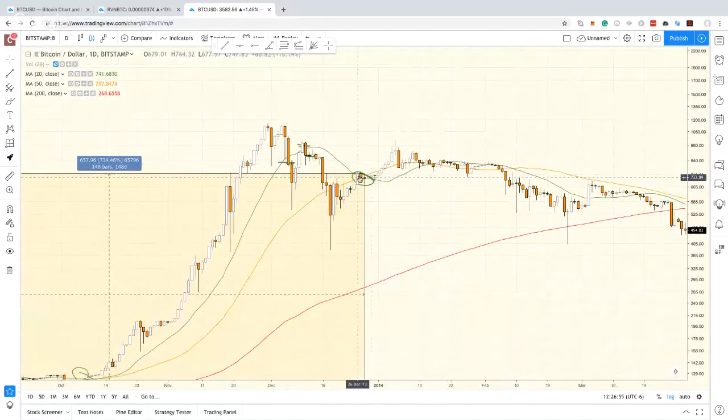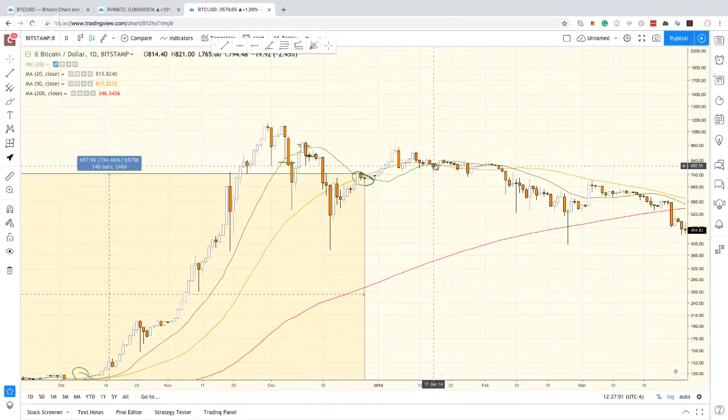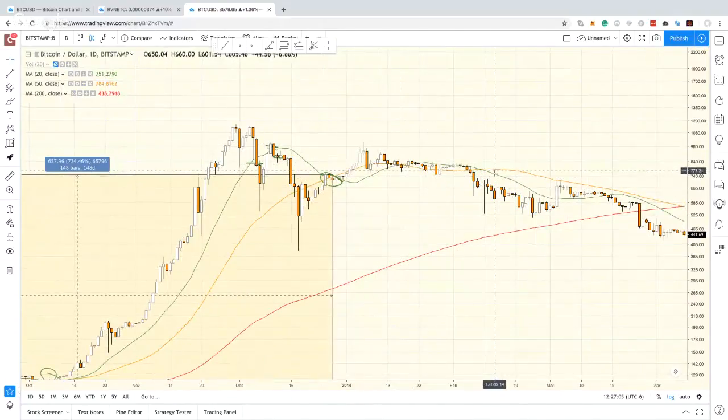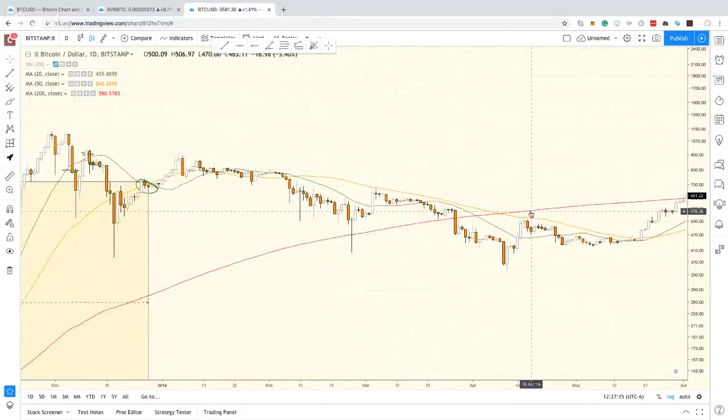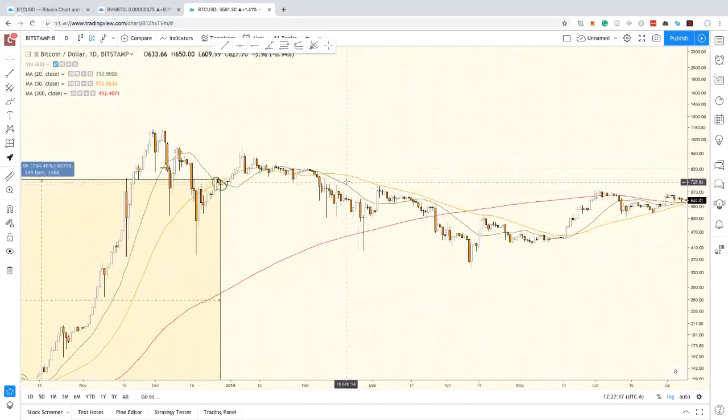You're selling here. You didn't make anything in this trade. Then you're just waiting for a bullish cross again. Here you had a bullish cross. Then you're having a bearish one. So you lost again around 5% in 20 days, but you just made 734. So you're not that upset with that.